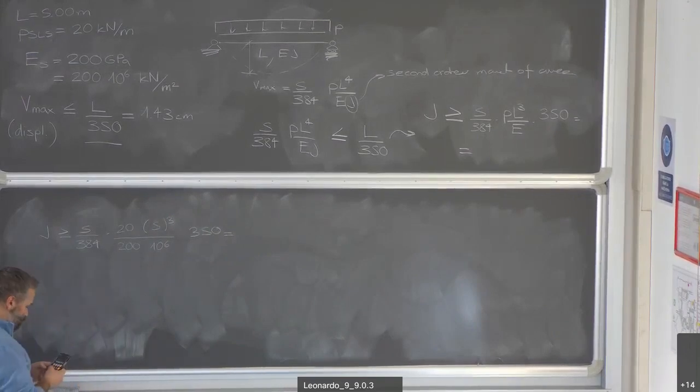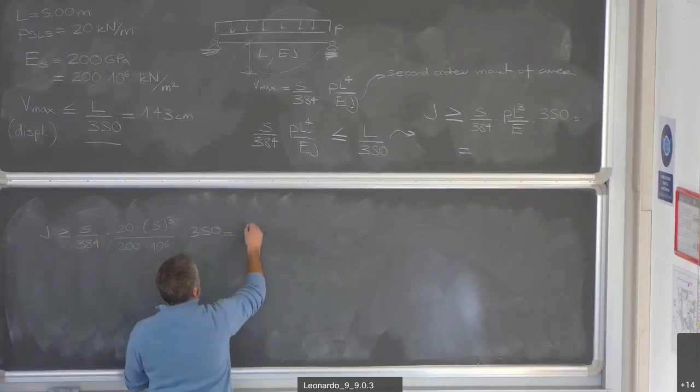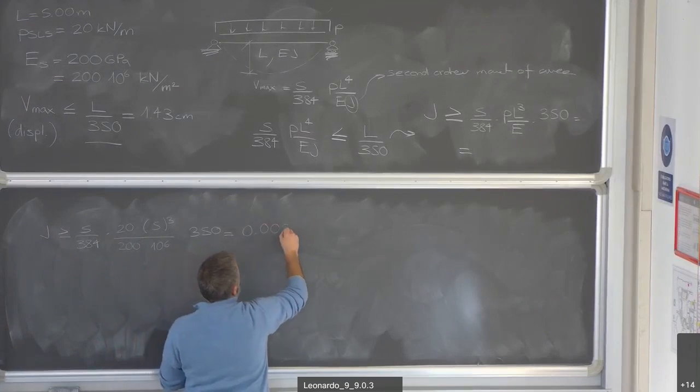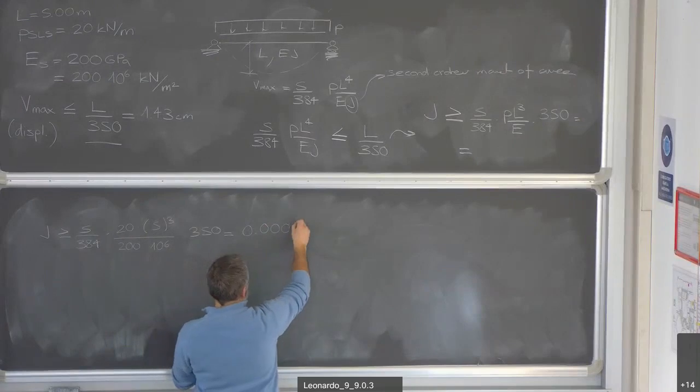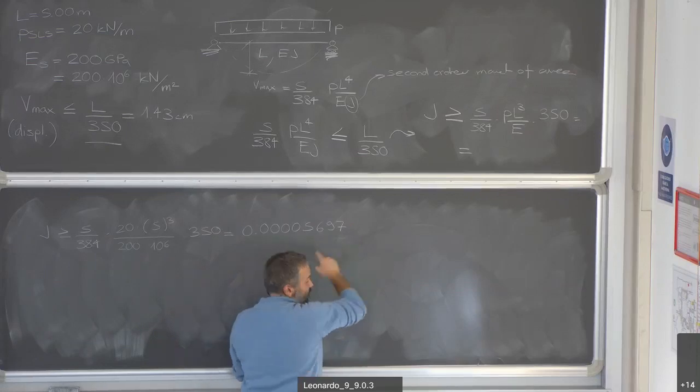Let me do it. 5 divided by 384 times 20 times 5 times 5 times 5 divided by 200 divided by 1,000,000 times 350. So the number I get, careful with the digits, is 0.0005697.